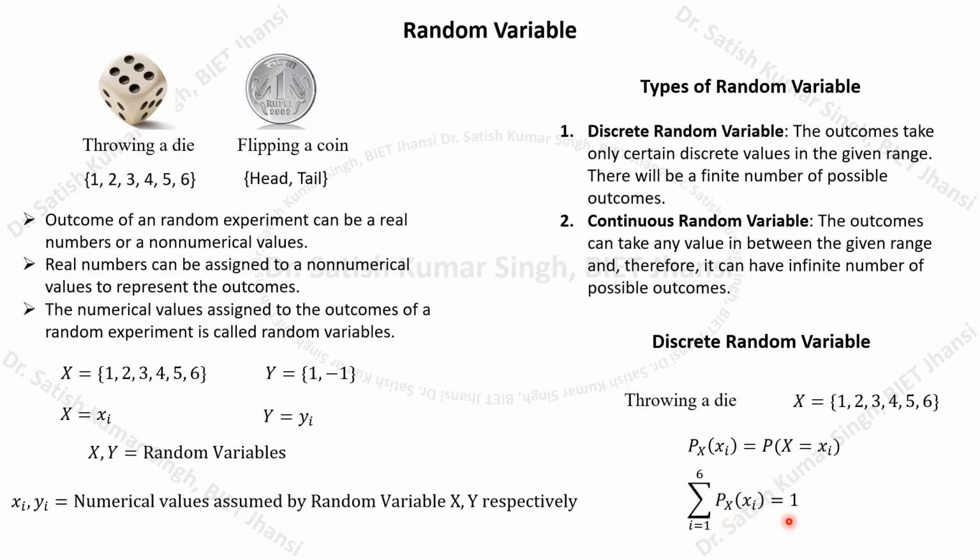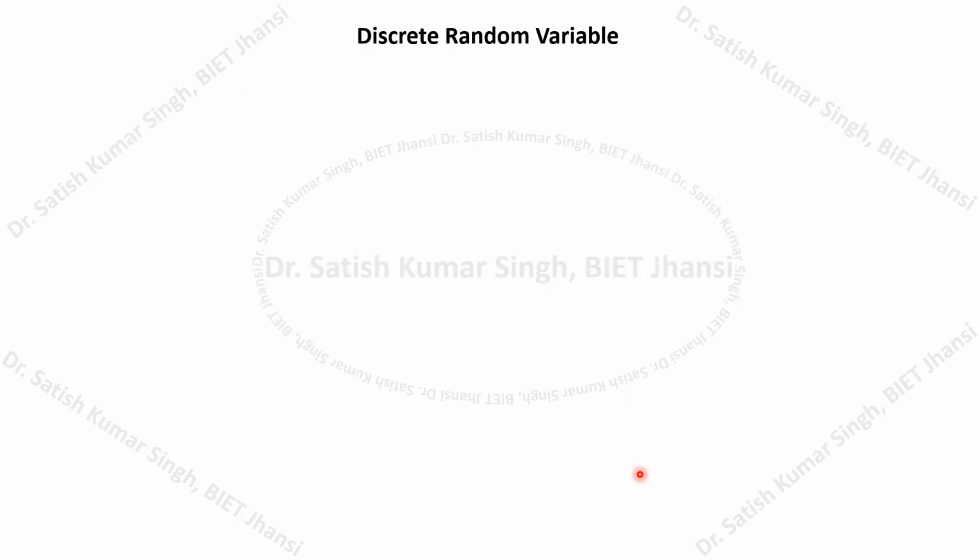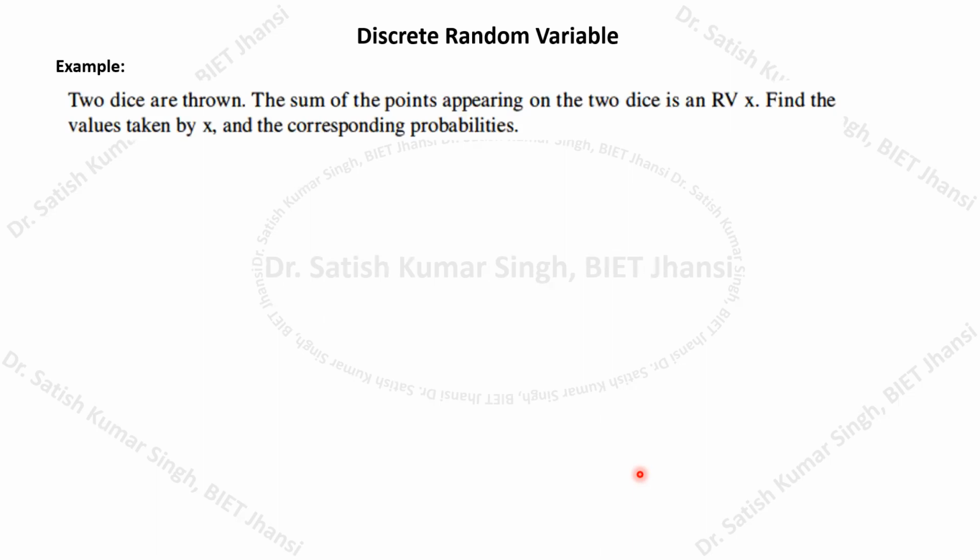Now I will give you one example of a discrete random variable so that you will have a proper understanding. Let us suppose that we have two dice, and these two dice are thrown simultaneously.